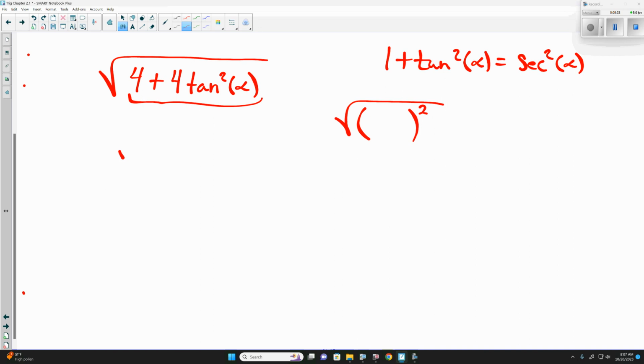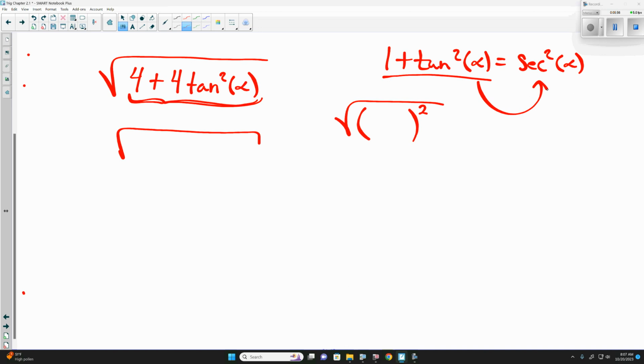Backtracking for just a second, if I could somehow rewrite this 4 plus 4 tangent squared of alpha as 1 plus tangent squared of alpha, then I could replace this 1 plus tangent squared of alpha with just the single secant squared.